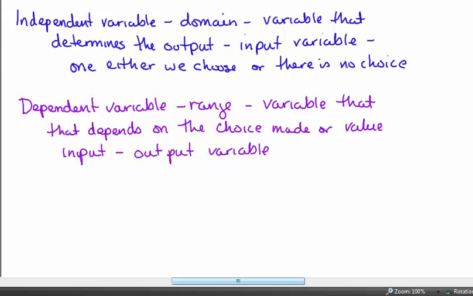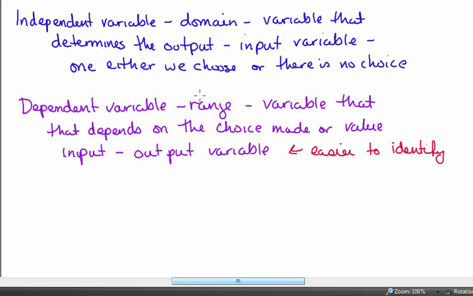Typically speaking, the dependent variable is sometimes easier to identify because we're looking for the value that depends on something else. So if I'm talking about, for example, the cost of 10 pounds of grapes, well, the dependent variable is the final cost because it depends on how many pounds of grapes we bought.